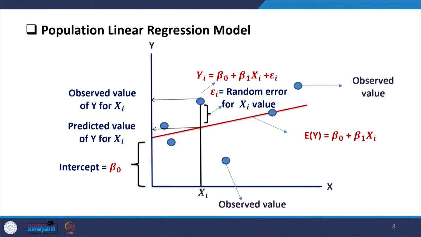Population linear regression model, how it is explained. In this diagram, you can see a trend line. It is fitted with what is simply called the expected y value equal to beta naught plus beta 1 xi, and beta naught is the intercept.